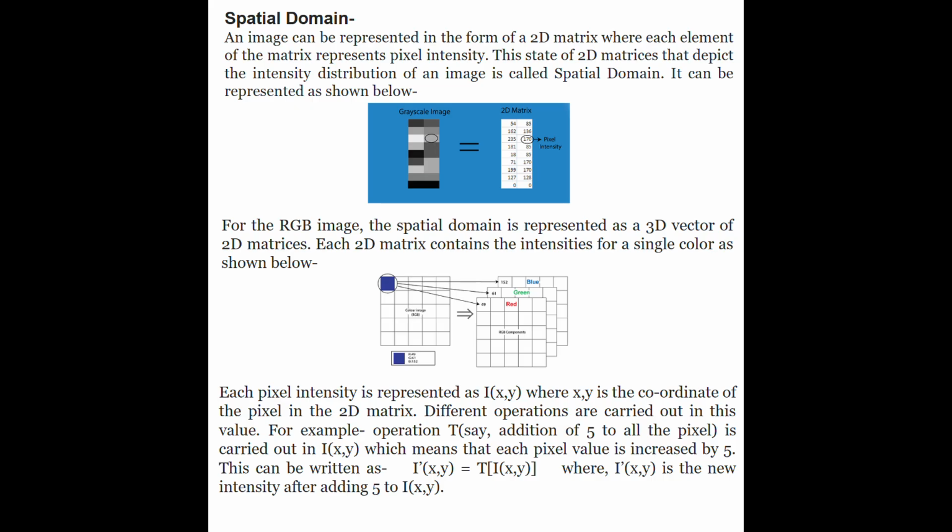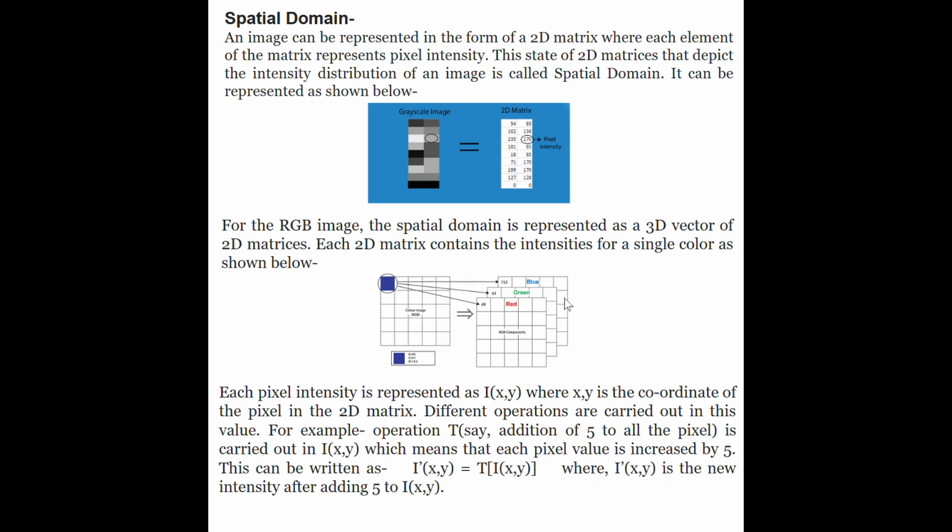Whenever you know the intensity distribution of the image, it always falls under the spatial domain. For example, for a grayscale image, the 2D matrix shows this pixel has this intensity, that pixel has that intensity. It is nothing but a 2D matrix representation of the pixel intensity values of the entire image. So this is the spatial domain for a grayscale image.